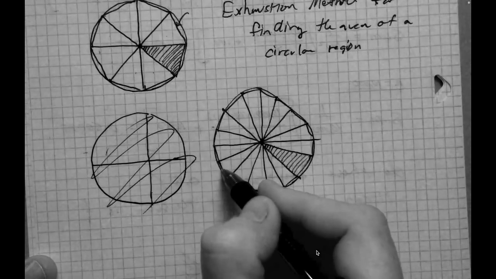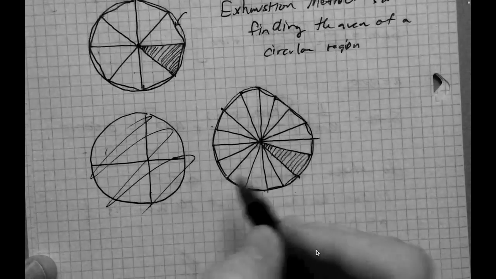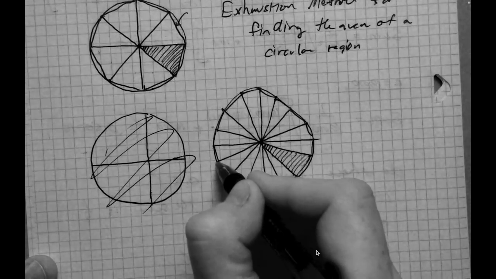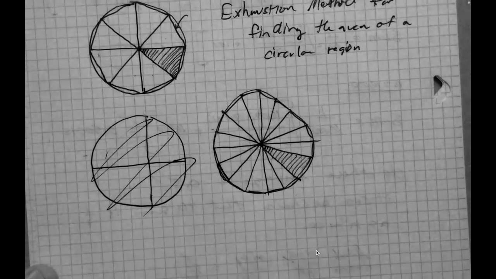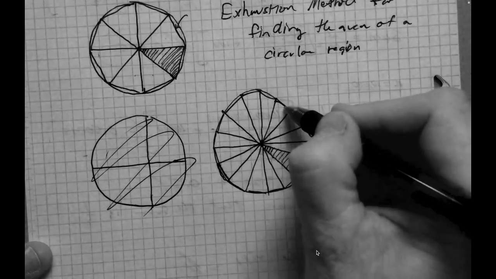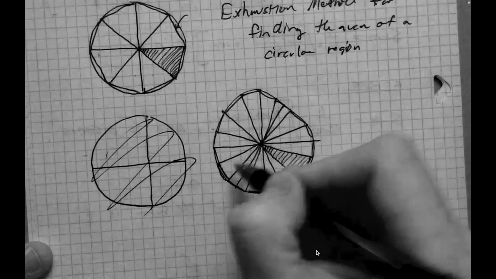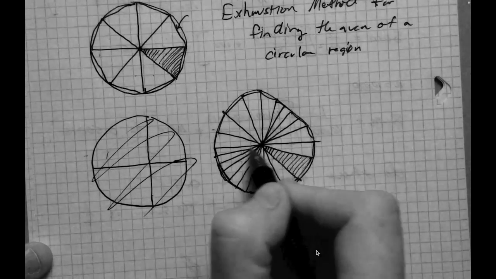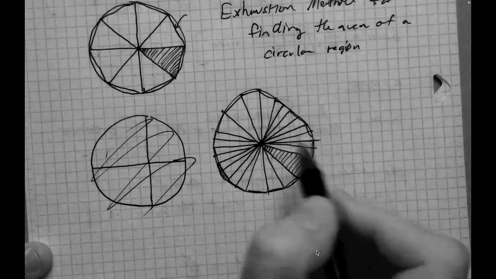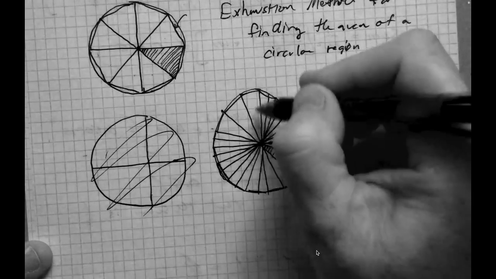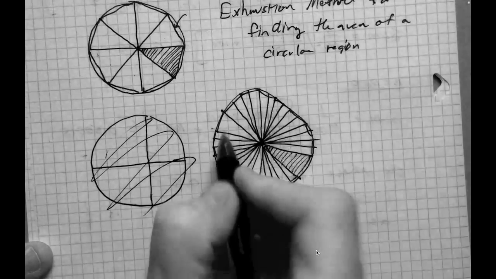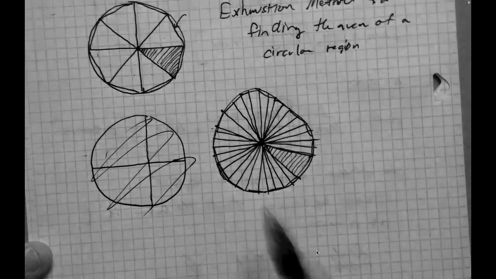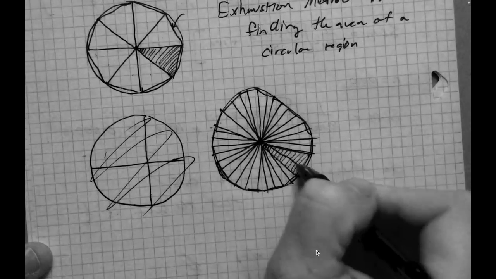Now, as the rays get ever increasingly tighter, the area between the actual arc of the circle and the edge of the triangle is going to decrease, right? And so obviously if we were to double it even further, what you would see is that the area that's missed, the area that's outside the triangle but yet inside the circle, gets even smaller, right?